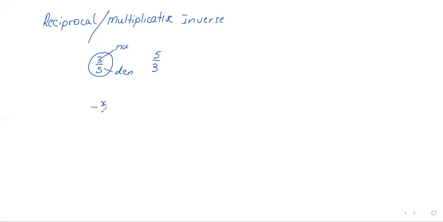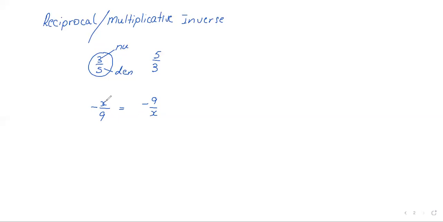Minus x over 9 will equal negative 9 over x. Now be careful. Here, we just invert the denominator to be a numerator and the numerator to be a denominator. The sign is negative there, this has nothing to do with the sign, positive or negative. It only has to do with the fraction. We change the fraction that way.